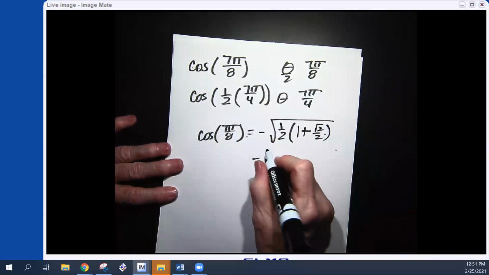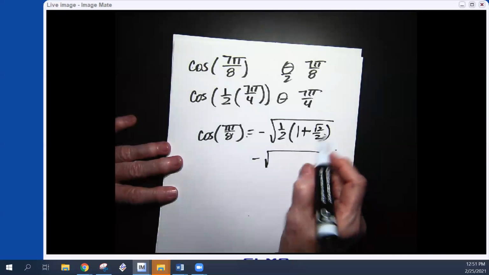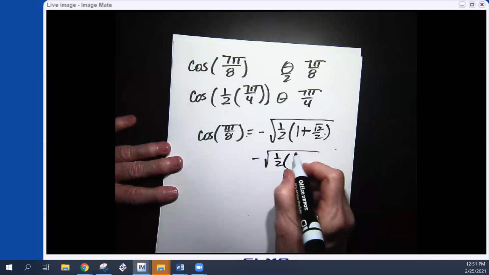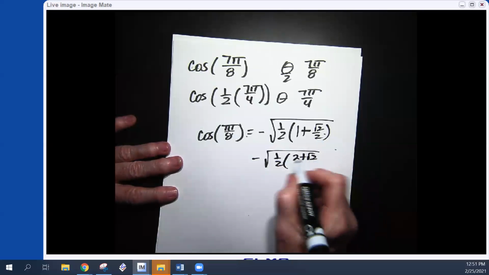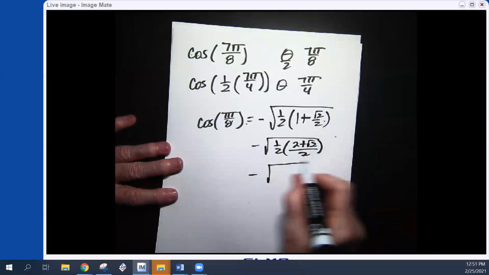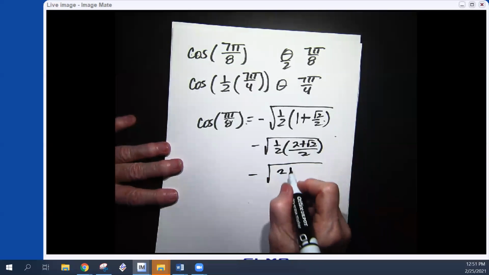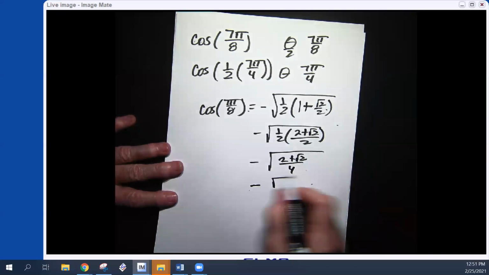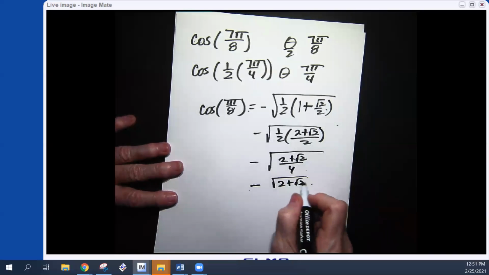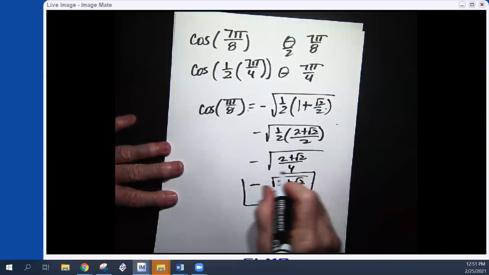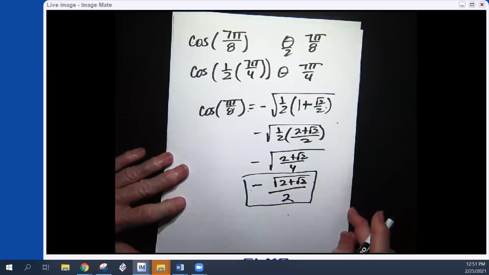So simplifying this problem, you would have 1/2 times 2 plus root 2 over 2. So 2 plus root 2 over 4, which is negative square root of 2 plus root 2 over 2. Make sure to simplify out all of your perfect squares.